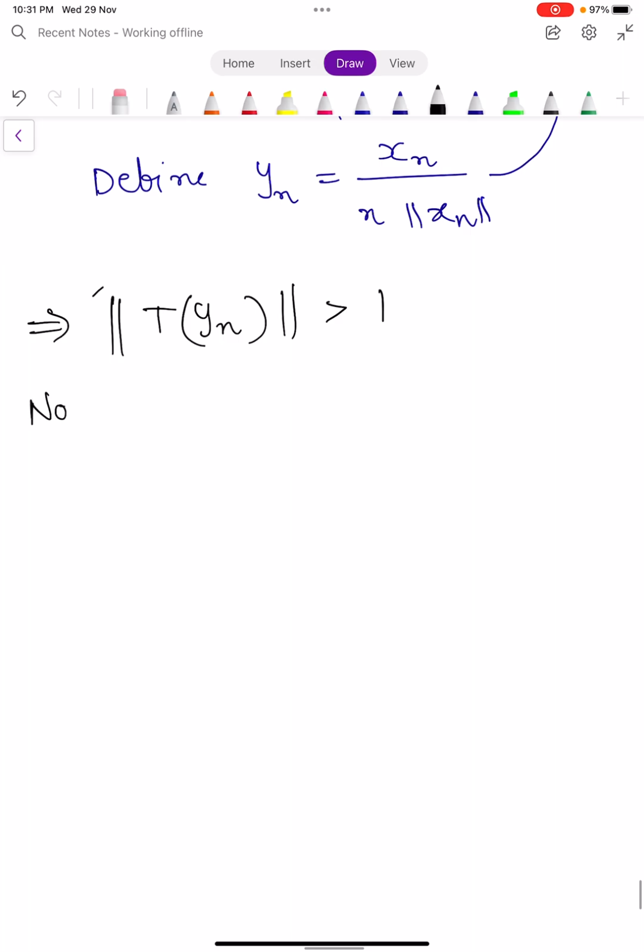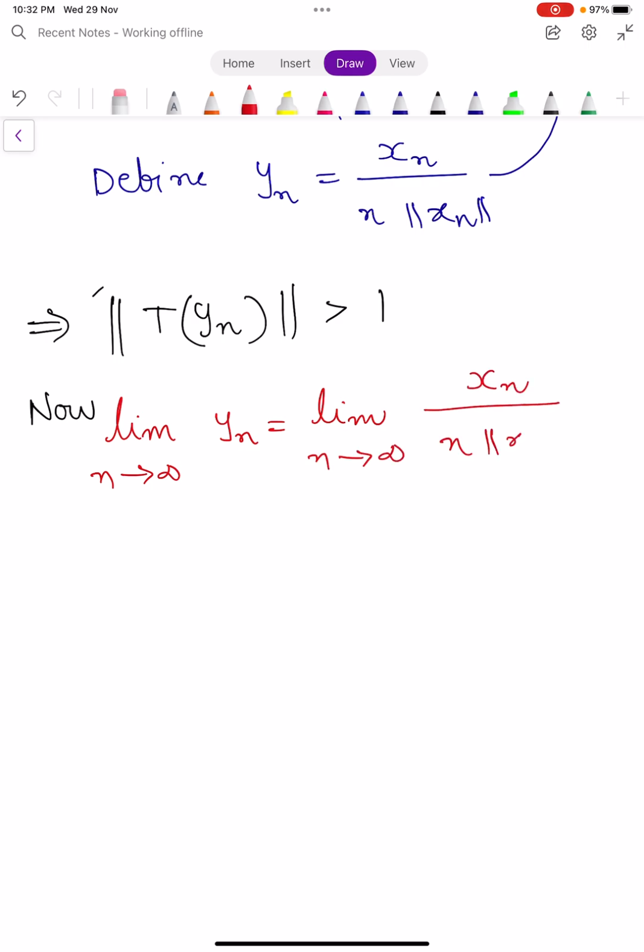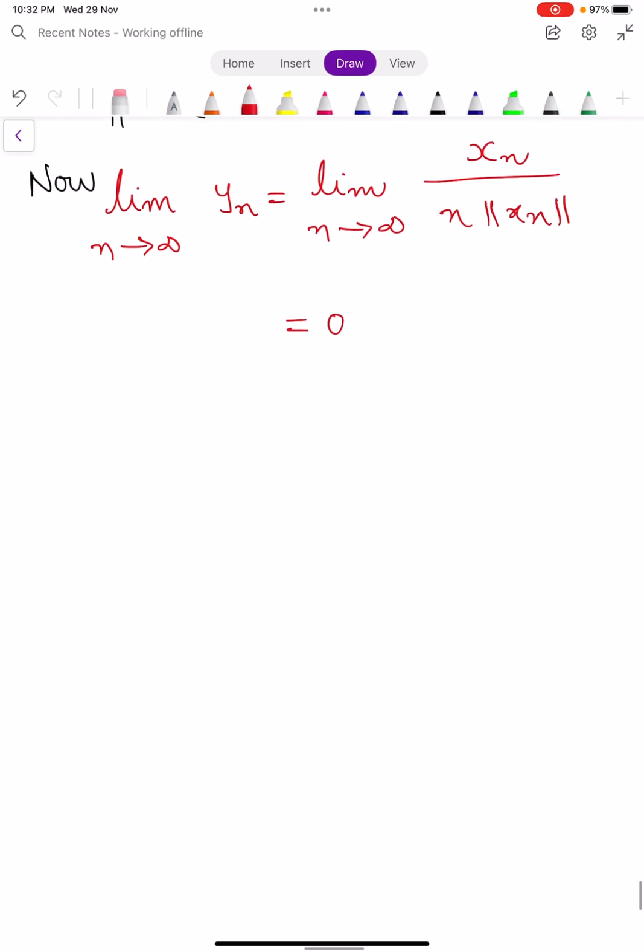Now you observe the limit as n tends to infinity. yn is equal to xn by n into norm xn, and the limit as n tends to infinity of that is... everybody knows that 1 by n tends to 0 as n tends to infinity. So by applying that condition, this limit becomes 0. It means limit as n tends to infinity of yn is equal to 0.